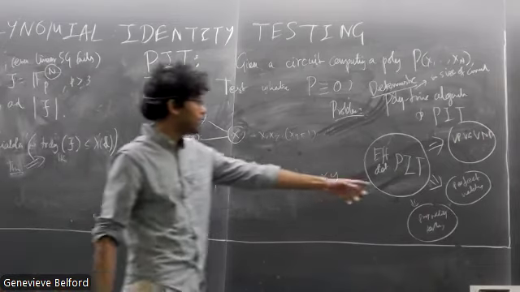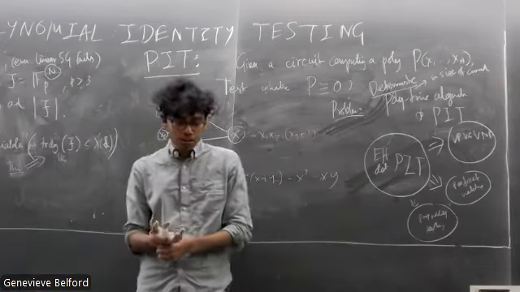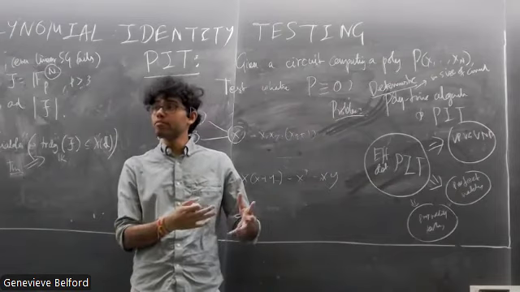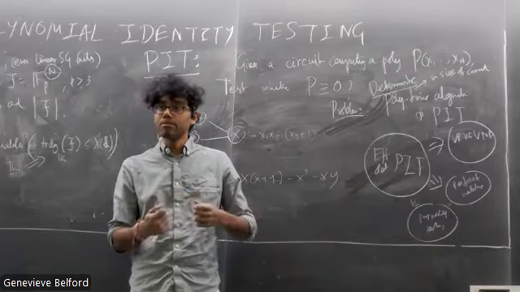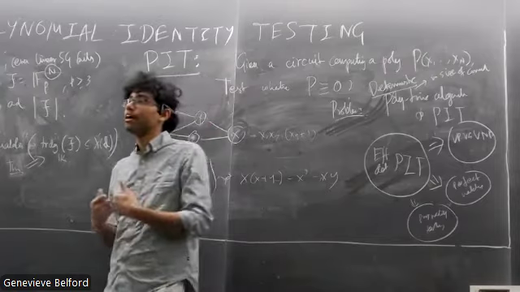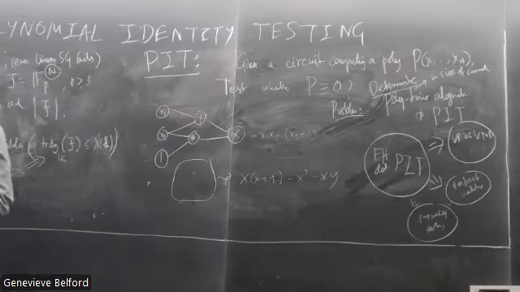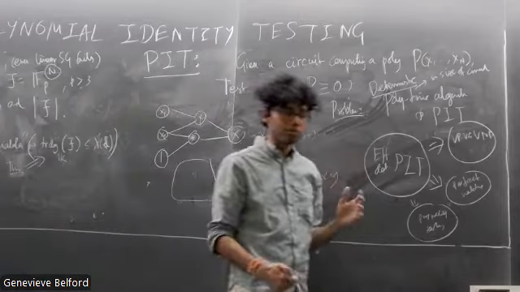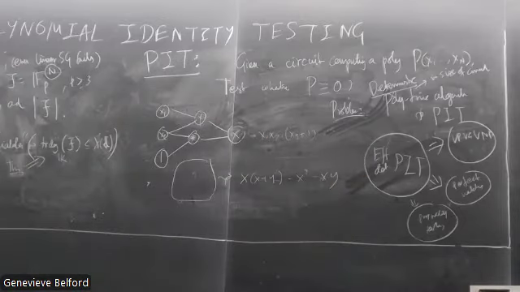For example, to check whether a graph has a perfect matching, you compute the Tutte matrix, and if the determinant of that is zero, it has no perfect matching. That determinant will be a polynomial, so you're trying to test whether that polynomial is identically zero or not. So lots of problems reduce to this PIT problem. Okay, so that's why it is important.